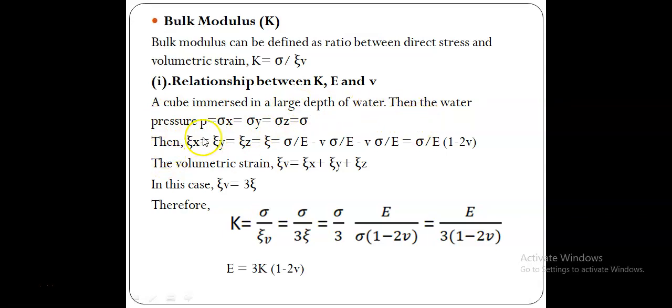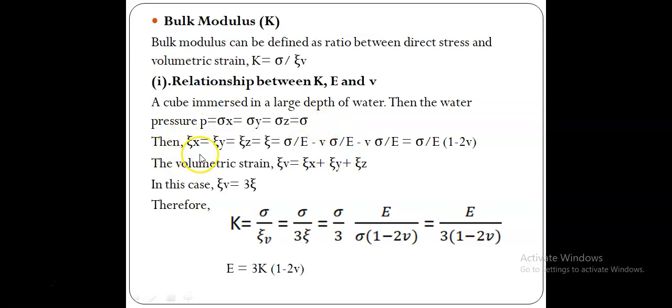Then the water pressure on the cube P is equal to sigma x equal to sigma y equal to sigma z equal to sigma. As per Pascal's law of transmissibility, the pressure at any point in the water is evenly distributed in all directions, and therefore the pressure P, or stress, is equal to sigma x, sigma y, sigma z, equal to sigma.